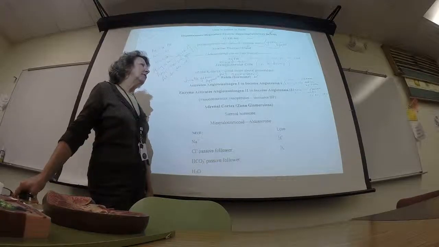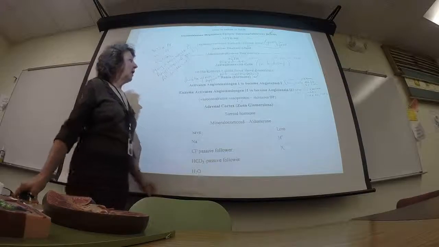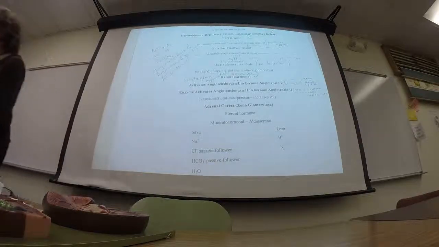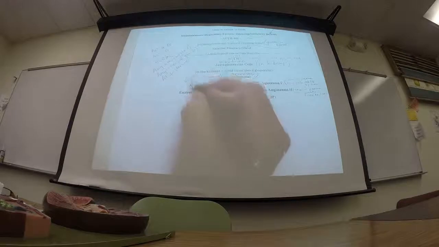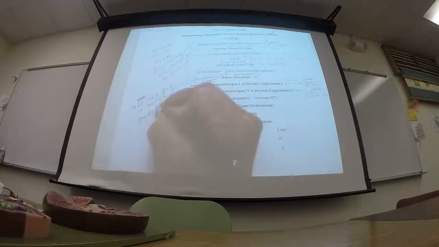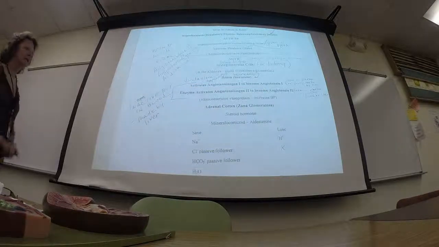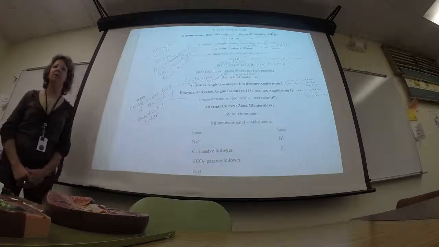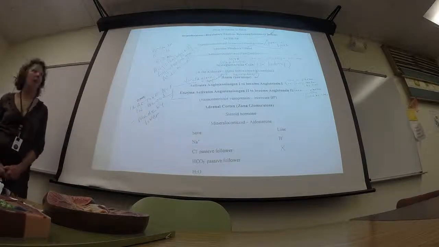So floating along in your blood are a couple of inactive chemicals that your liver made. Inactive, but in blood, made by your liver and dumped into the blood, and they've just been sitting in your blood for the day that you needed to run this aldosterone pathway.